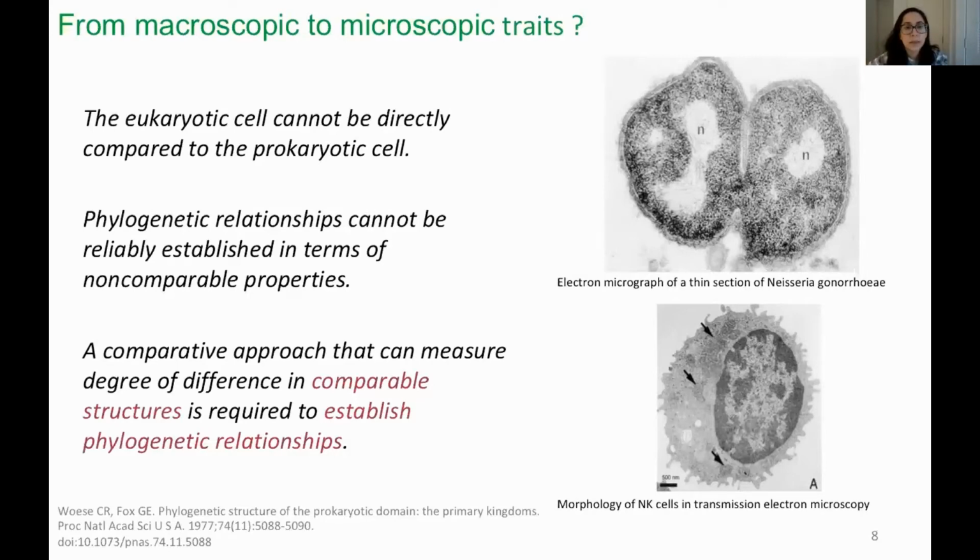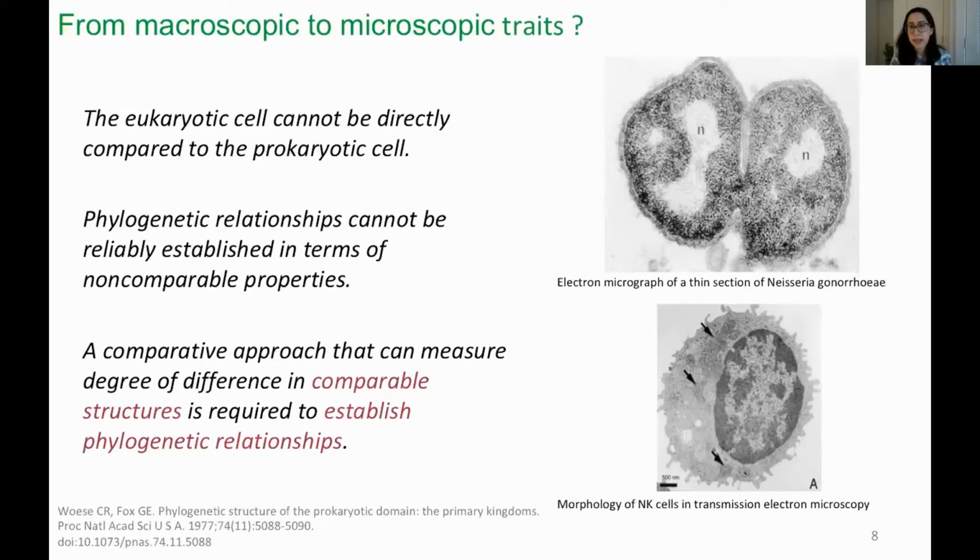And they are saying this because according to the endosymbiotic theory of the origins of eukaryotes, we know that eukaryotes are a composite. So they are made from parts, and they argue that phylogenetic relationships cannot be reliably established in terms of non-comparable properties.